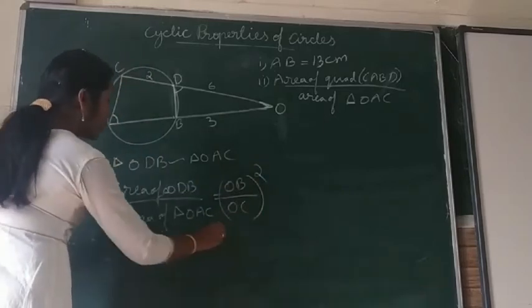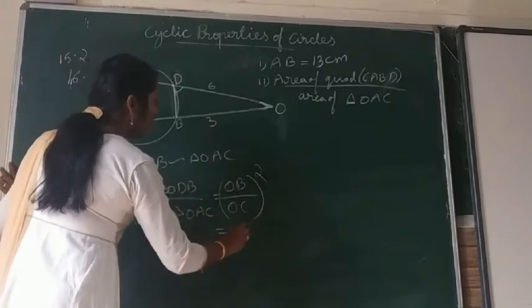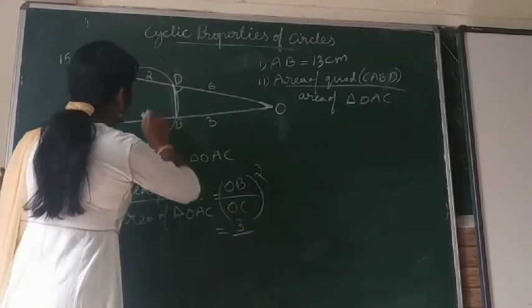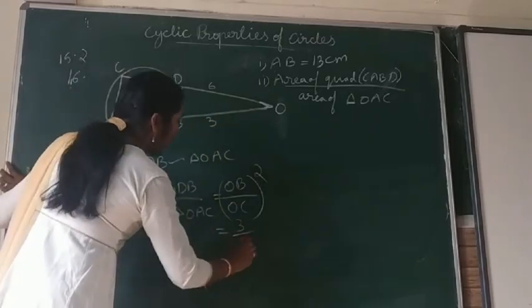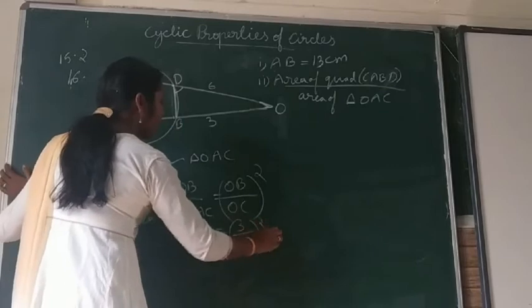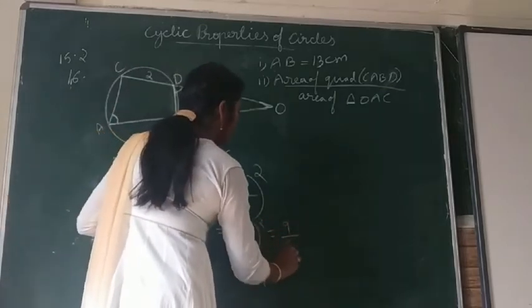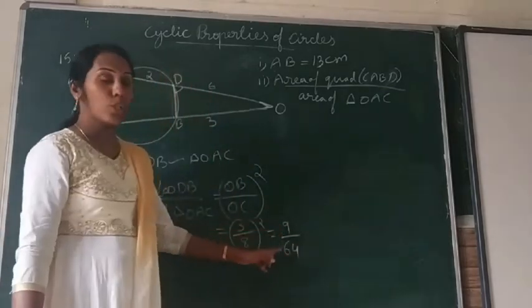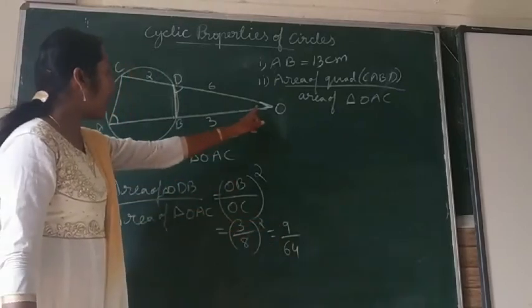That is equal to OB is 3 and OC is 6 plus 2, that is 8, whole square, is equal to 9 by 64. So this is the ratio of the areas of triangle ODB and triangle OAC.